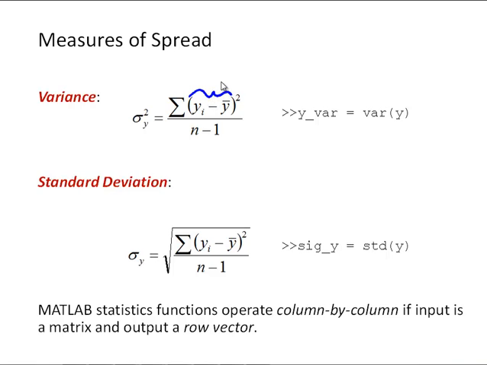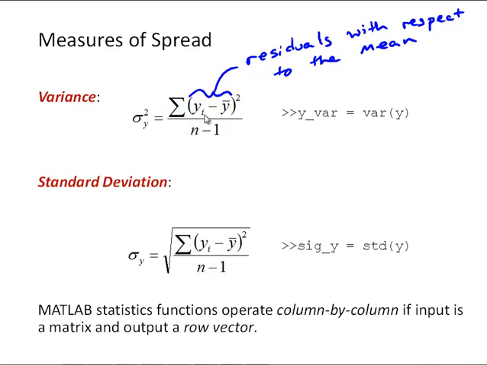we call these the residuals, there's that term again, with respect to the mean, since it's the ith data point minus the mean. And then we square them, and the reason we square them is so that the negative and positive residuals don't cancel each other out. And then take the sum and divide by n minus 1.